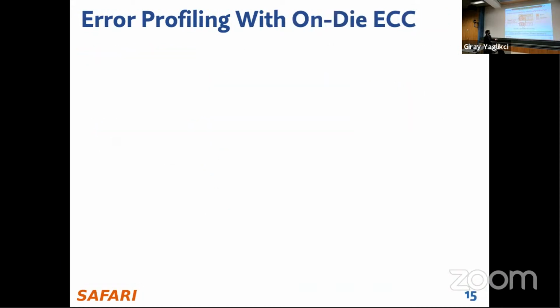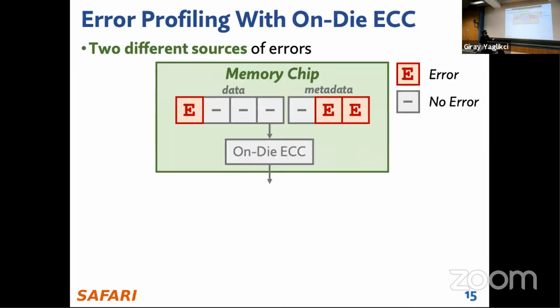This gets more complicated with on-die ECC because now there are 2 different sources of errors. Here I show a memory chip that uses on-die ECC, again in a simplified representation: not the 128-bit code, but 4 data bits and 3 metadata bits. The metadata is used for error correction only. Another nuance is that this is called a systematic encoding, meaning the data is not transformed by the on-die ECC function.